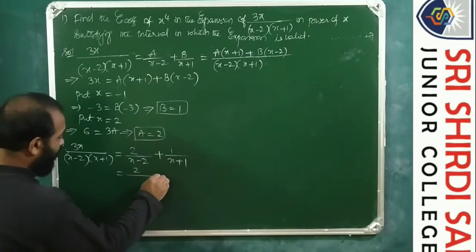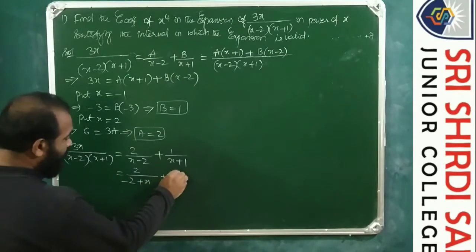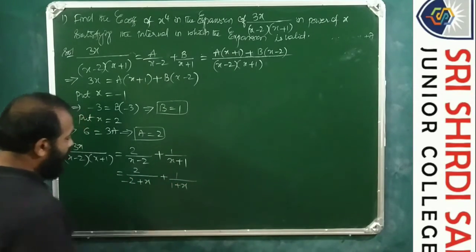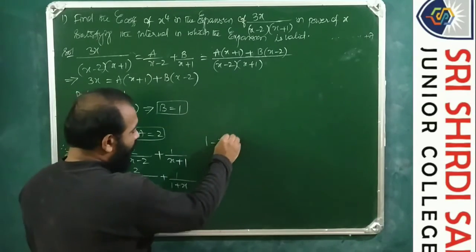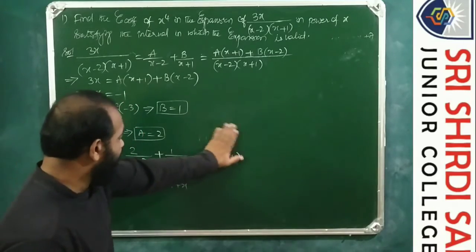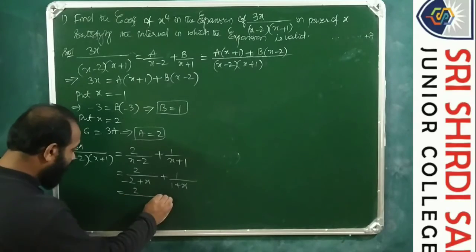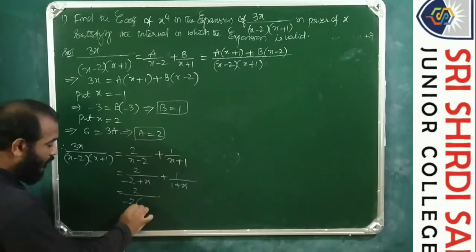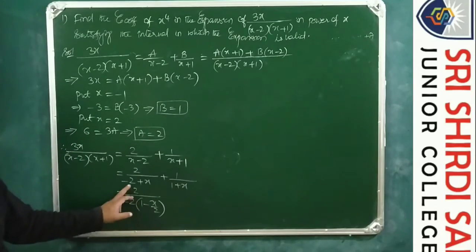So this can be written as 2 by minus 2 plus x, plus 1 by 1 plus x, because we want to convert this in 1 minus x or 1 plus x. So for this I want a constant first. So 2 by minus 2 if you take common, then 1 minus x by 2. Minus 2 into 1 minus x by 2.